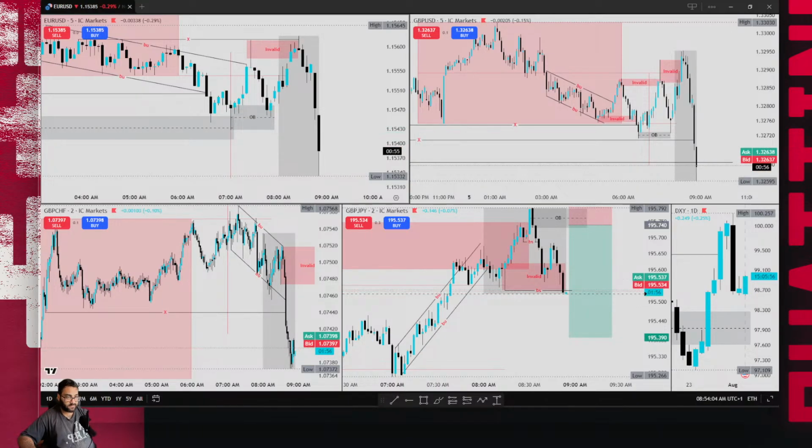GBP final services PMI. Why isn't Forex Factory having all the news it's supposed to have? I think Forex Factory is having a freak out, man. It's not doing what it should be doing with the news. Super odd, that.